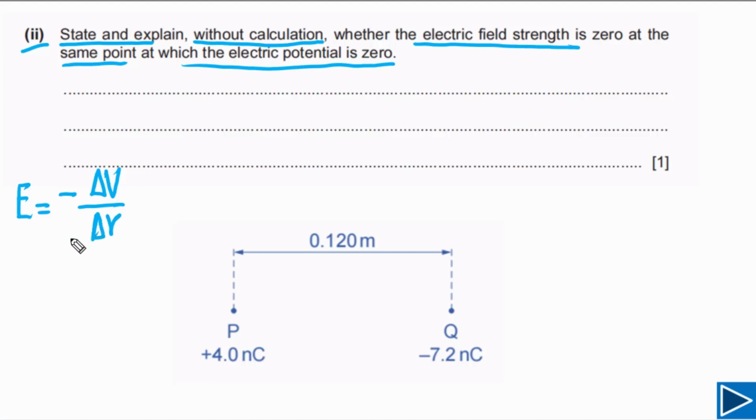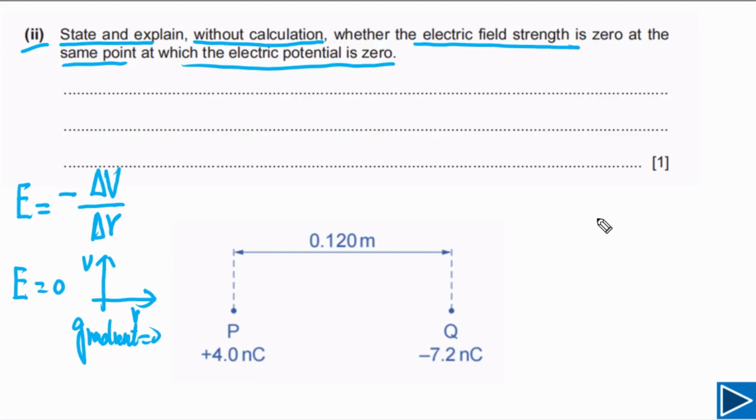So electric field is 0 if the gradient of the V against R graph is equal to 0. If the gradient of this is 0, it means the electric field is 0.